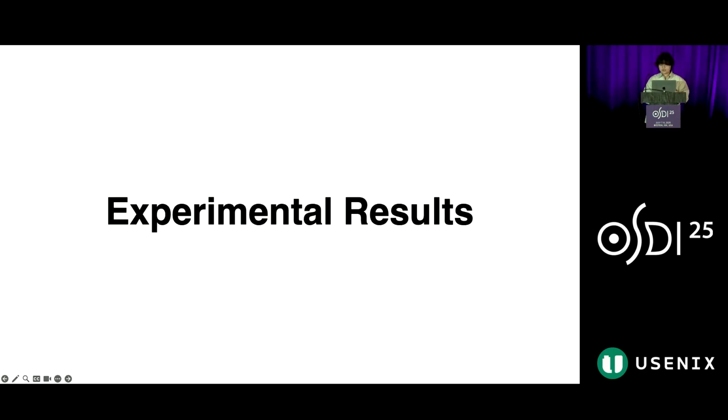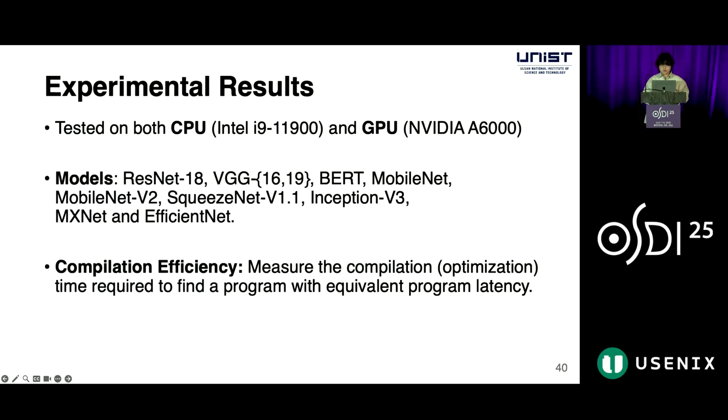So let me now share the results of our work. We evaluated our approach on both CPU and GPU platforms. For the workload, we used a diverse set of deep learning models. Based on this experimental setup, we compared the compilation efficiency by measuring the compilation time required to find a program with the same latency.